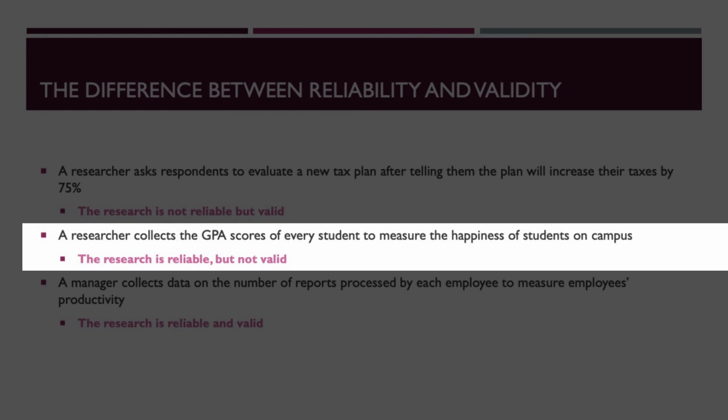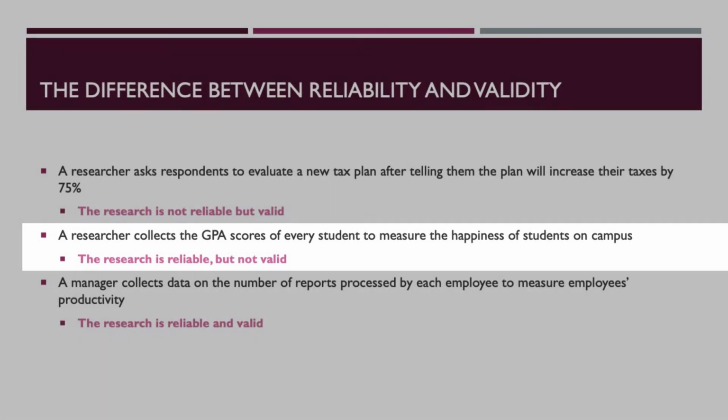That's going to be different for every student. That's going to be a consistent measurement that you have for every single student, but it's not a valid measurement of happiness because GPA scores have nothing to do with happiness. So you've decided to measure a concept, happiness, with an unrelated term, which is GPA scores. So that's not a valid measurement to use.